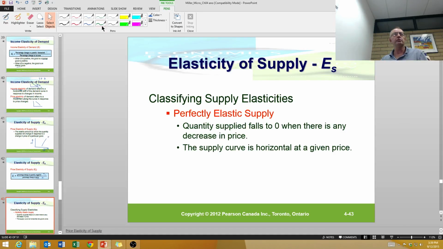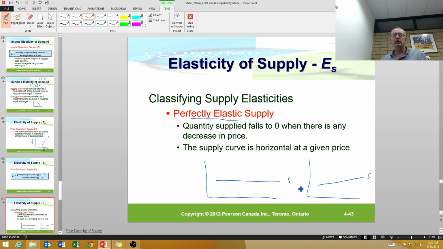So we have these three ranges of supply elasticity. We have so-called perfectly elastic supply. Perfectly elastic supply is horizontal, though I like to draw these curves with a very slight slope.